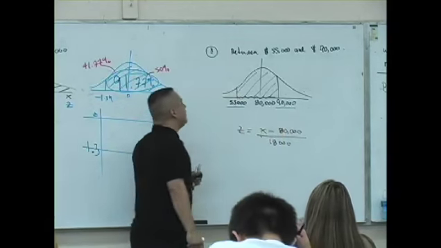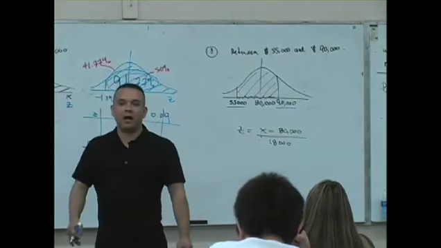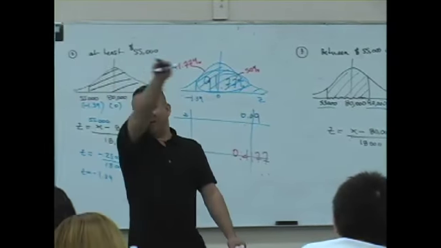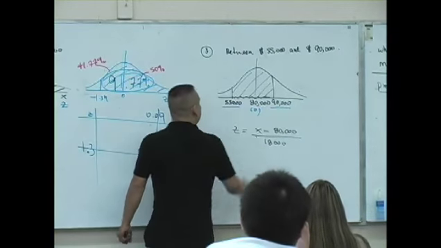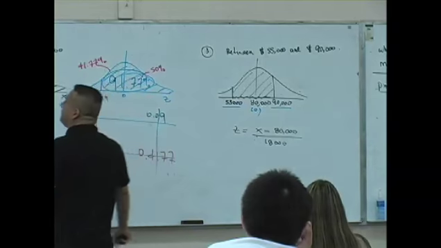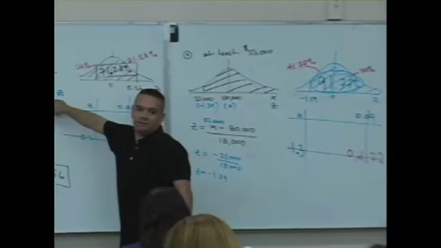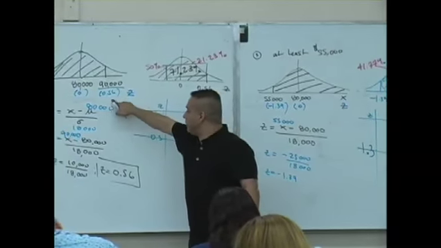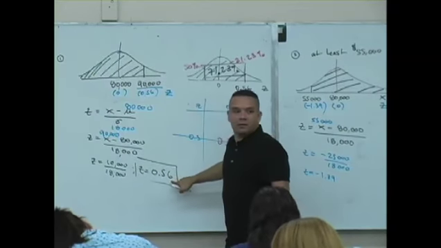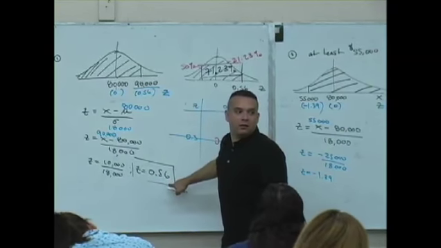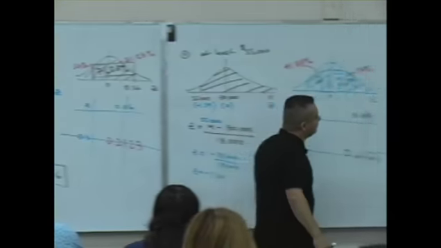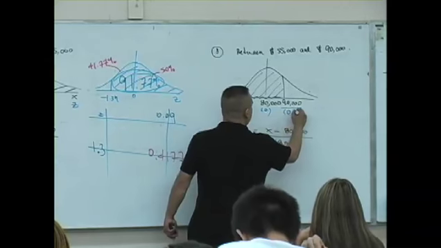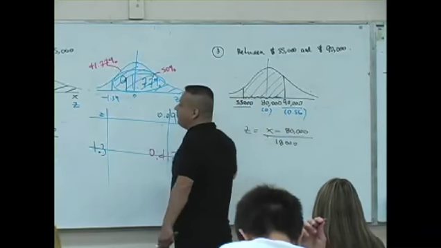Notice I am converting not just one value, I am converting two values. I already know 80,000 is going to be 0. What is 90,000 going to be? We already converted it. 0.56. Did we convert 55,000 yet?